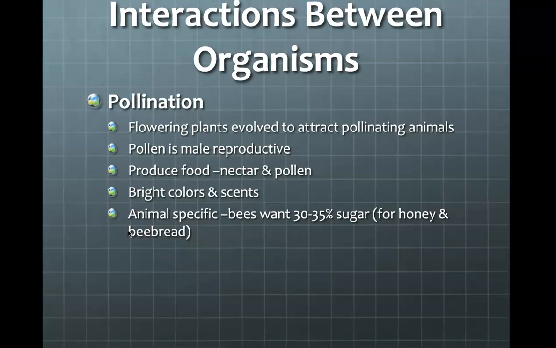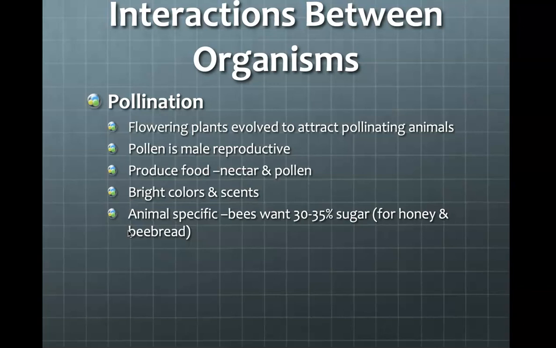But there's not just the shape of the animal and the shape of the flower, but sometimes even the chemical content of the ingredients, as you see here. Bees look for 30 to 35% sugar in order to make honey and bee bread.